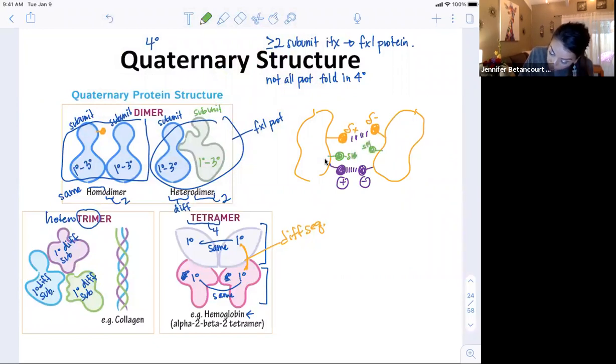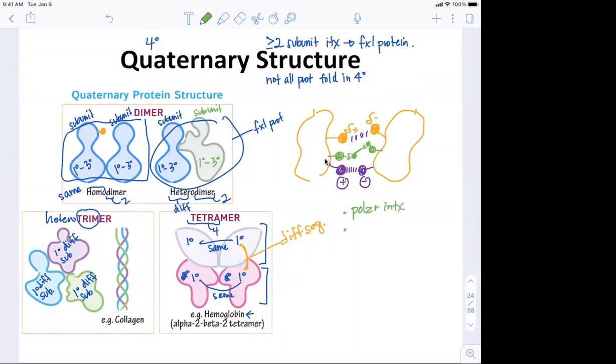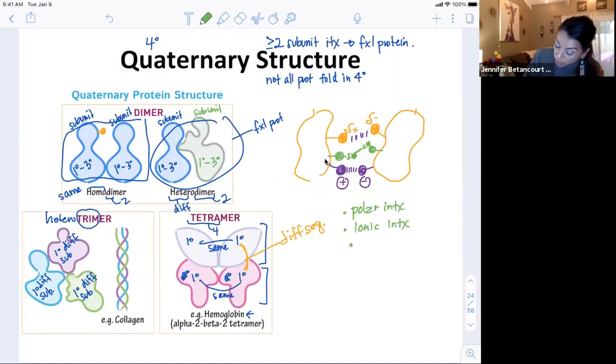These two things are going to interact and form a covalent bond. So in quaternary structure, you can definitely have polar interactions, ionic interactions, and covalent disulfide bridges. But you probably will never have hydrophobic forces, because the hydrophobic amino acids are going to be in the center of that 3D structure. That's a great question. Thank you.